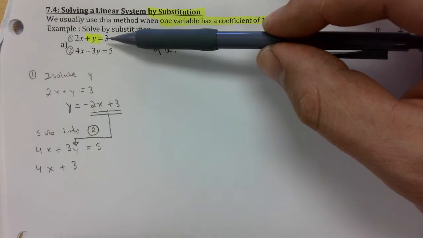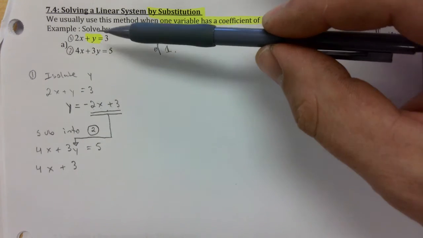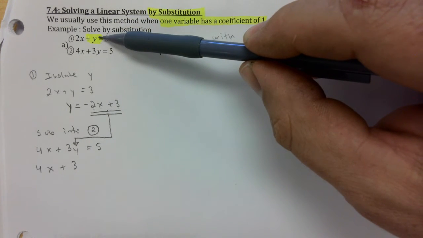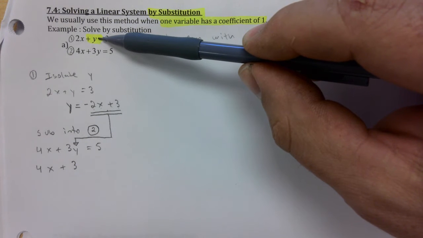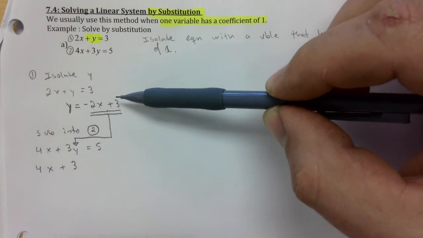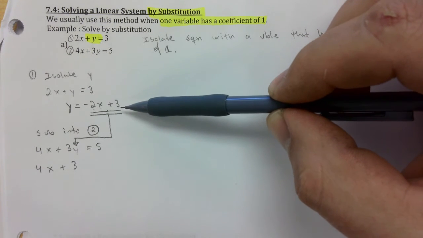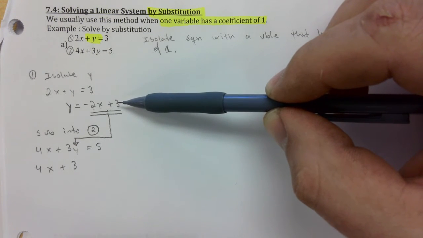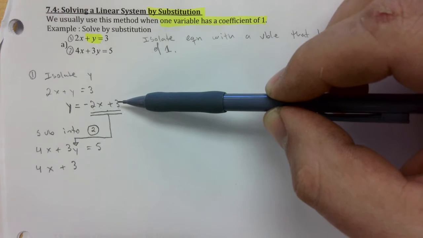Think about the big picture here. What are we doing? We're finding the variable with a coefficient of 1. We isolate that variable so that it is on the left side, everything else is on the right side. And then we go to our other equation, not necessarily always the second. It's just the other one.